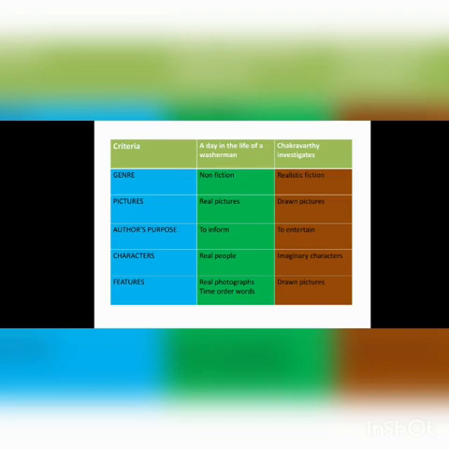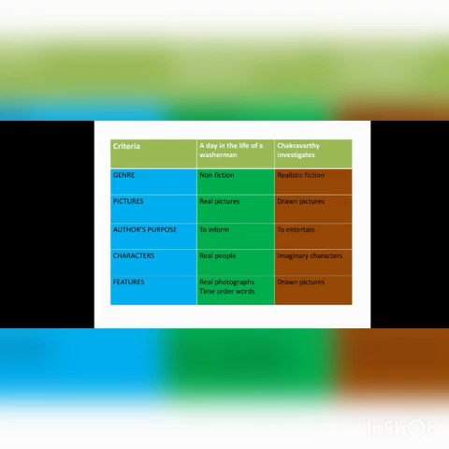Now, what are the features of both the lessons? If you notice in A Day in the Life of a Washerman, we see features like real photographs are used, and we also see time order words. These are the features of A Day in the Life of a Washerman.